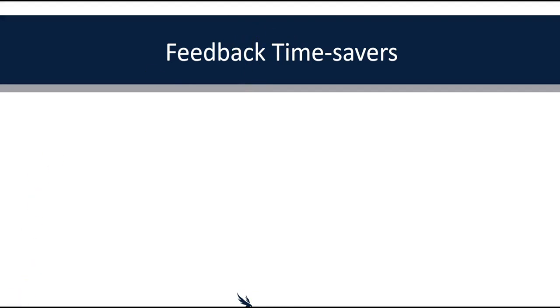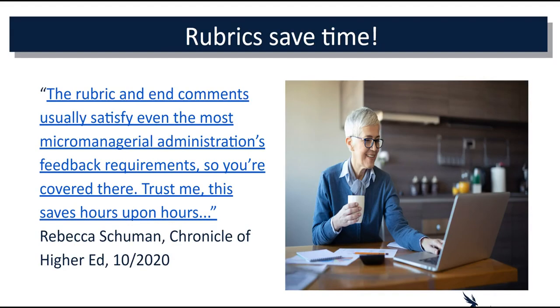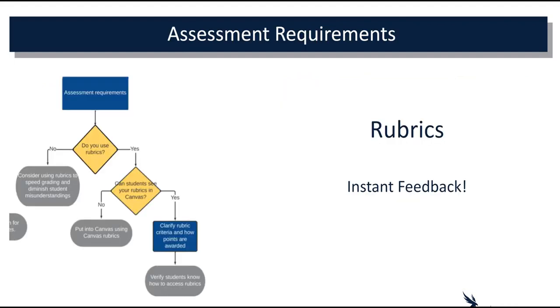Now, feedback can be a really big time commitment, and at that point, I will say rubrics save a ton of time. I know they're not everyone's favorite item to build, but once you put in that initial building time investment, it will repay its time back to you in a multitude of ways, just exponentially.